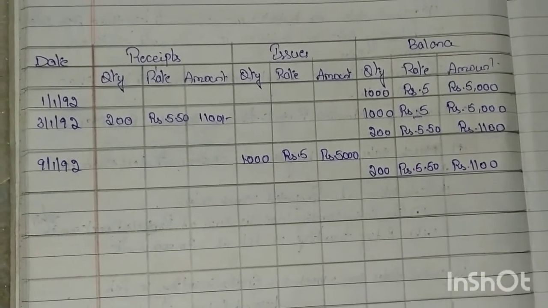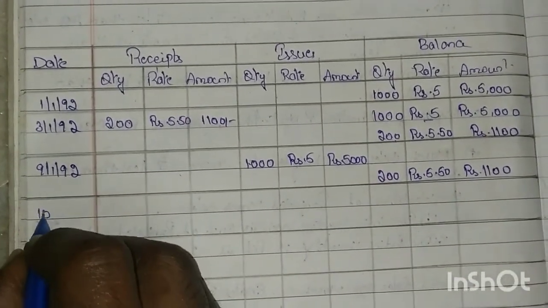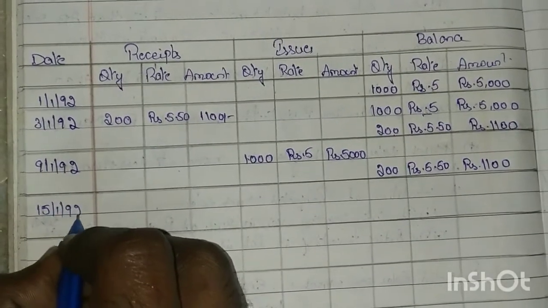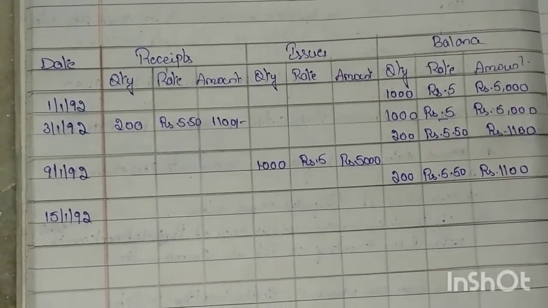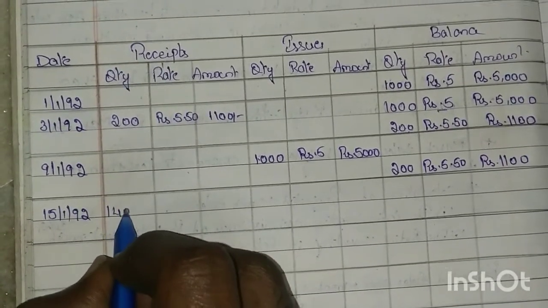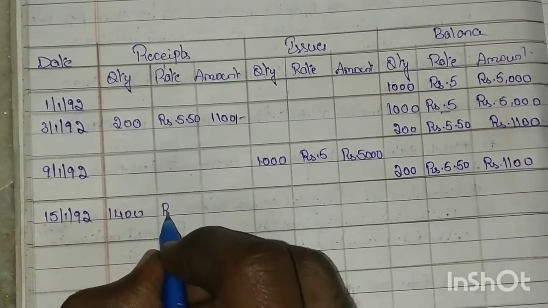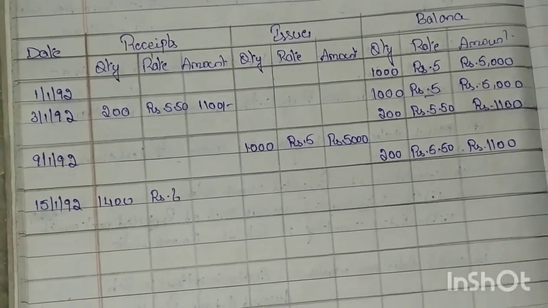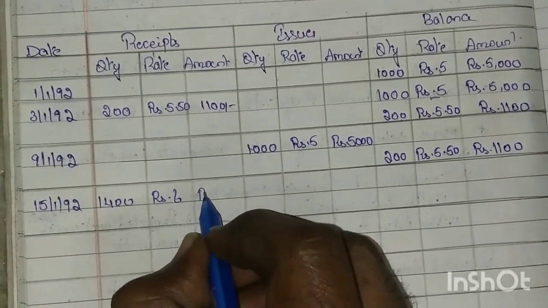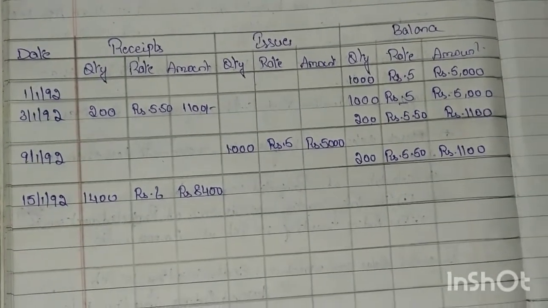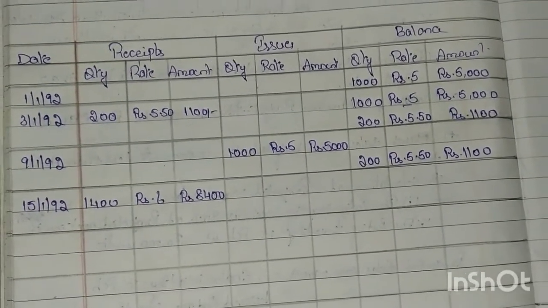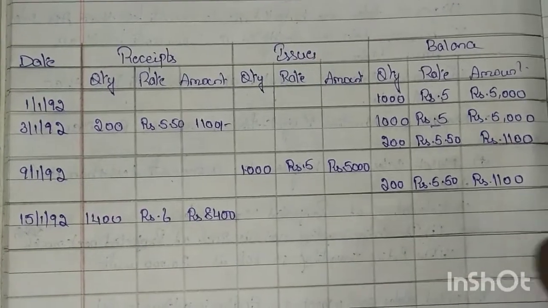The next transaction is on 15th January, 15/1/92. Again they are having the purchases. They have purchased 1400 units at a price of rupees 6 per unit. So now the total amount will become rupees 8400. On this date we are not having any issues, so directly go for writing the balance.